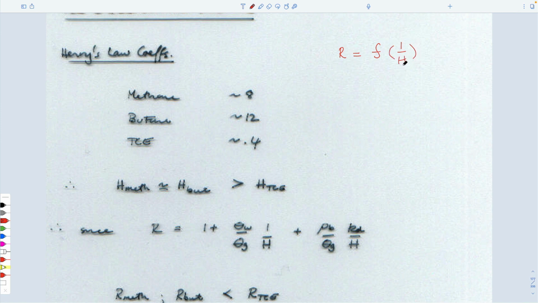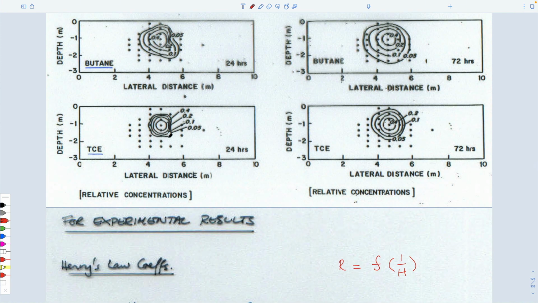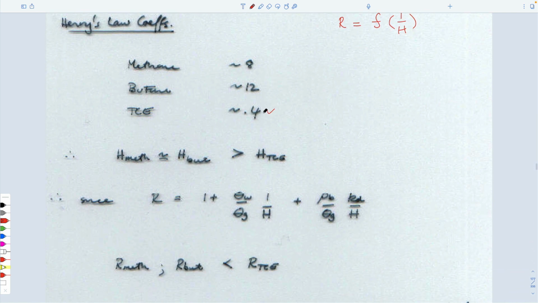So as the Henry's law coefficient gets smaller, the retardation gets larger, and therefore TCE is the one that has traveled less, because in this particular case, the Henry's law coefficient is actually the smallest of them. And these, by the way, are what we've called uppercase H, which is dimensionless.